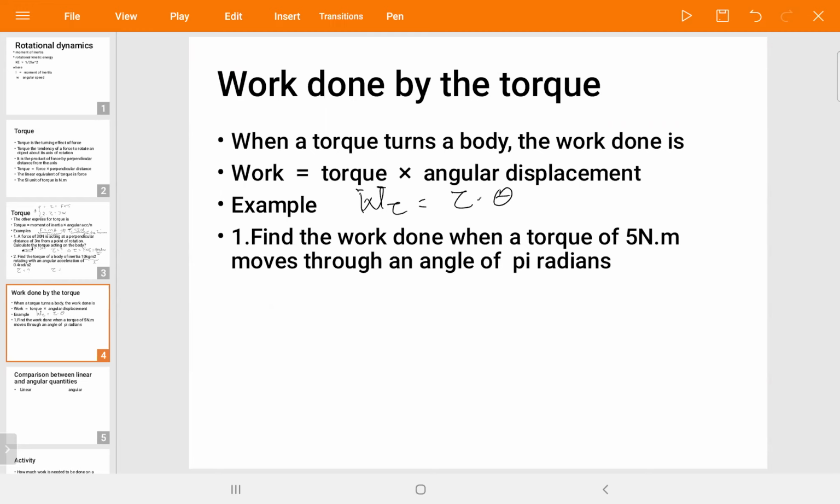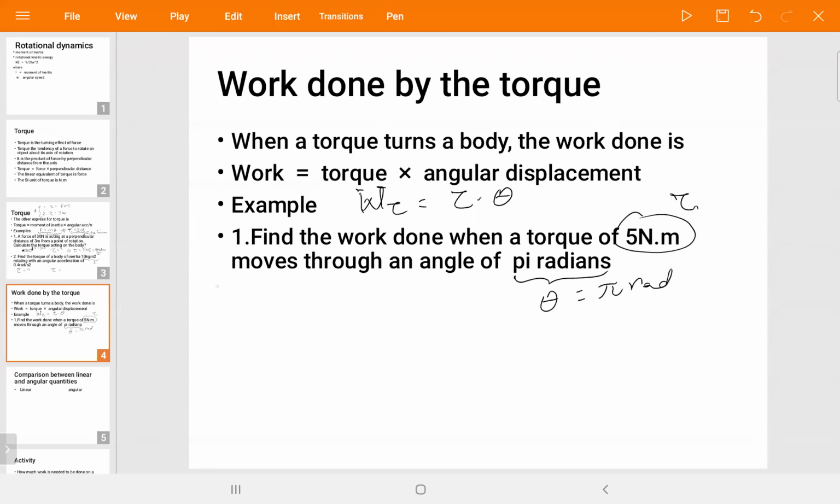Find the work done when a torque of 5 Newton meters moves through an angle of pi radian. Pi rad is the angular displacement, and 5 Newton meter is the torque.